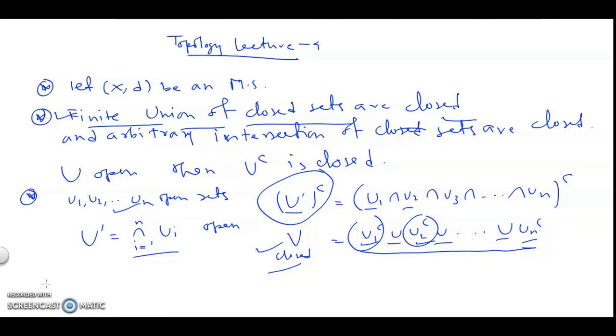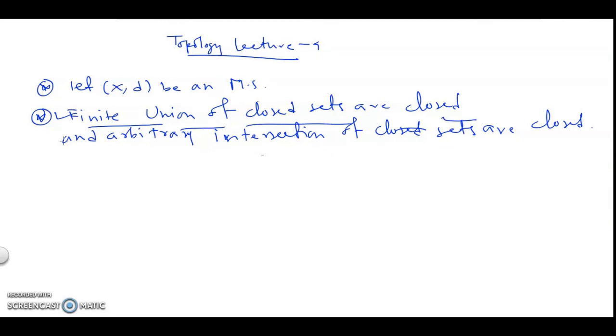Now for the second part, again we will use the previous result to prove that arbitrary intersection of closed sets is closed in X. We will use the previous result that arbitrary union of open sets is again open.